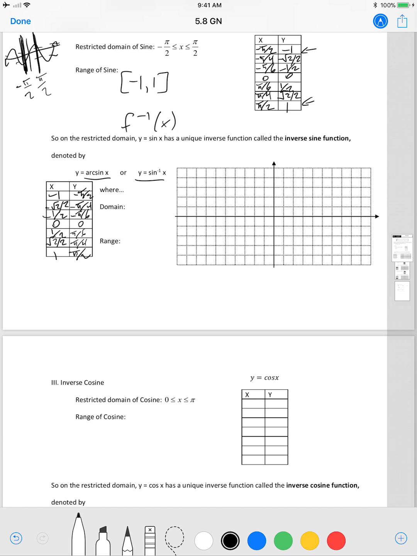And then if I go ahead and graph this, it is not the most elegant graph, so do forgive me. But I have this table of values here. I'm just going to plot these points. This is pi over 2, negative pi over 2. I'm going to be very approximate here.